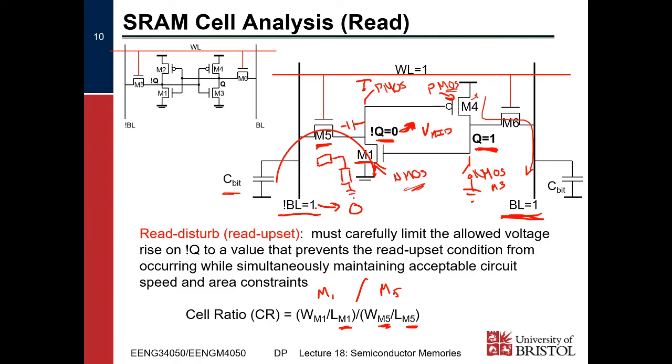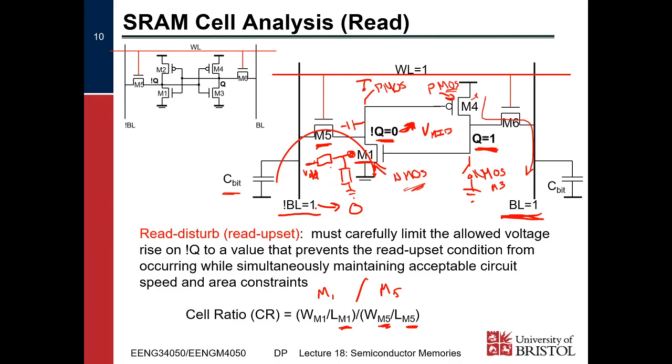There's our ground, and this one is currently charged up to VDD, and we're looking at this point here. If the resistance across M1 is low enough compared to M5, or in other words, M1 is a wide, short transistor and M5 is a narrow, long transistor, then this point here will never cross the midpoint, and therefore we know we won't read upset, right?